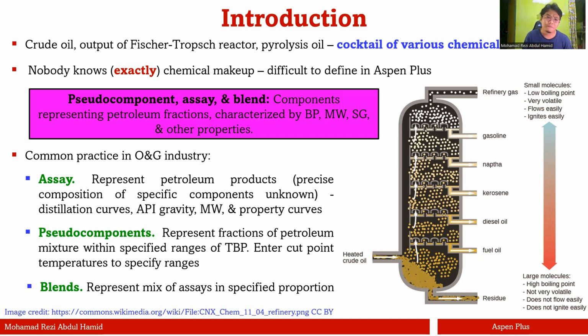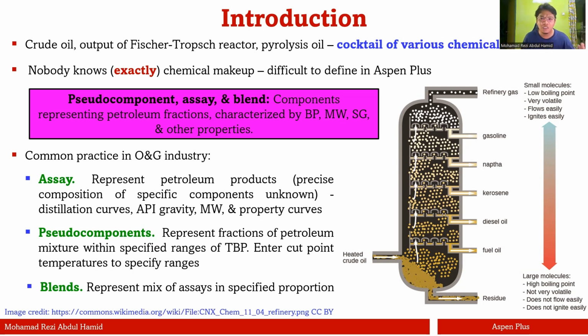They are all, I must say, weird. They are a cocktail of various chemicals where nobody exactly knows the chemical makeup and how much actually the composition of each of the chemicals in these hydrocarbon mixtures. Therefore, it's very difficult to define them in Aspen Plus because we don't know.